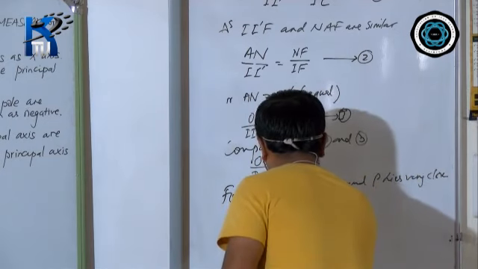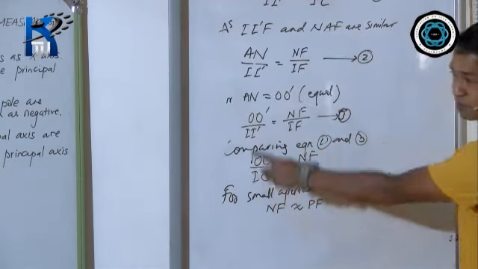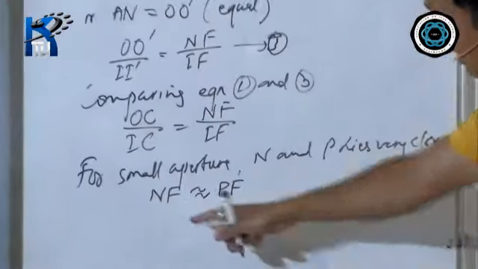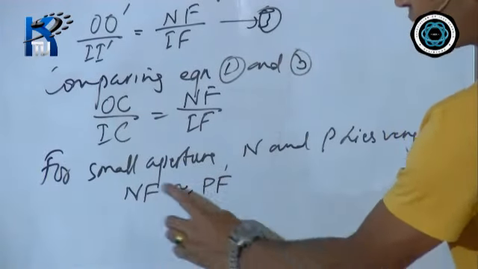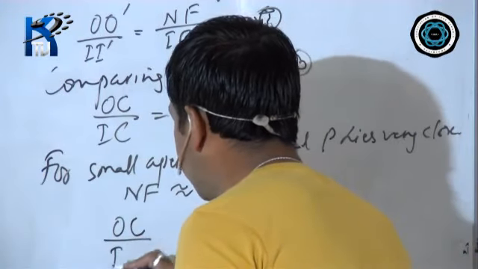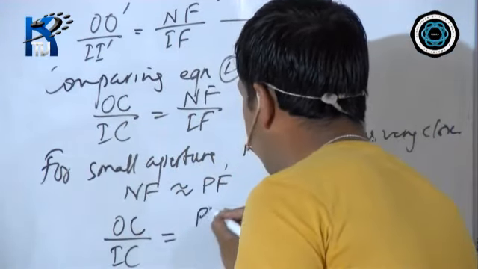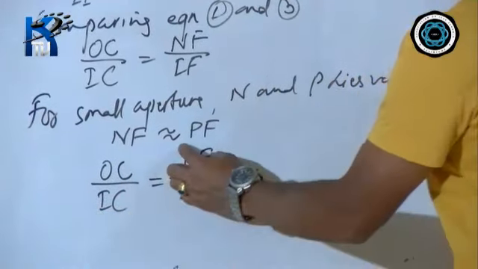Then the NF distance is nearly equal to PF. Let me substitute NF by PF. So OC by IC equals PF by IF.